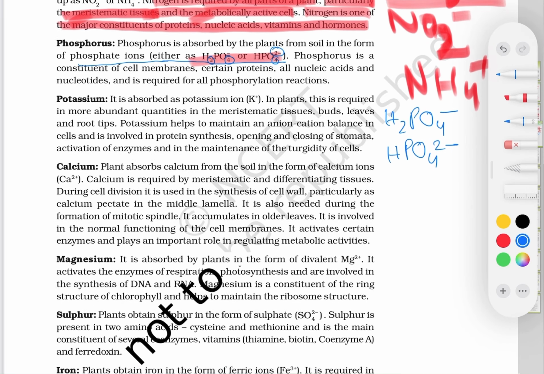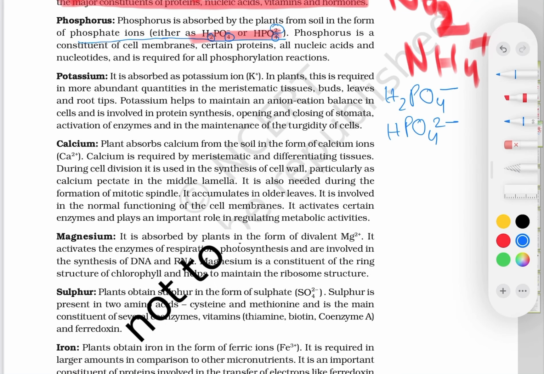Phosphorus is a constituent of cell membrane, certain proteins, all nucleic acids and nucleotides, and is required for all phosphorylation reactions. It is required for the maintenance of the cell membrane; it is a constituent of certain proteins, but all nucleic acids and nucleotides, and is required for phosphorylation reactions.